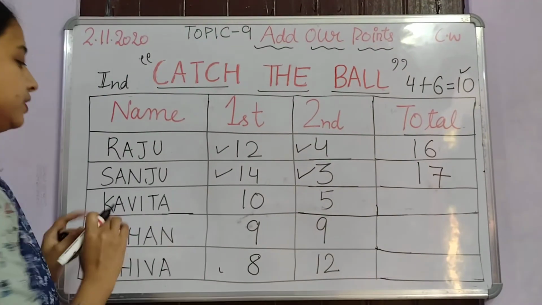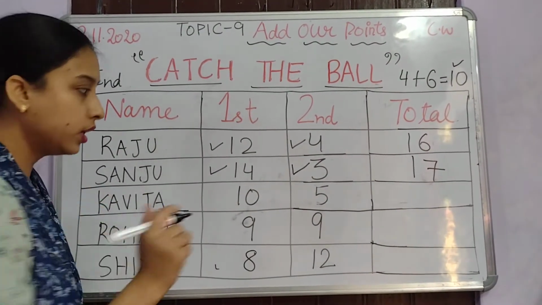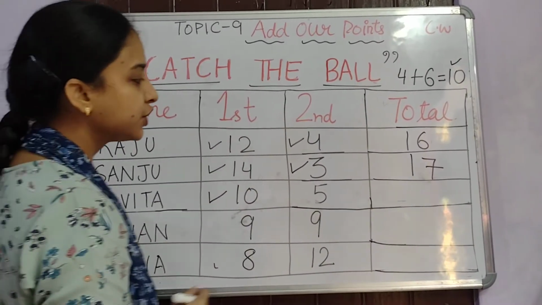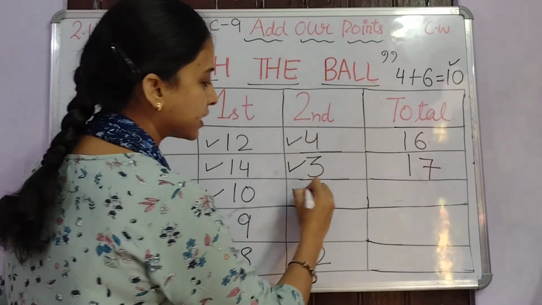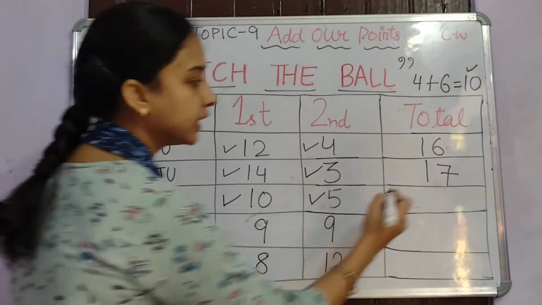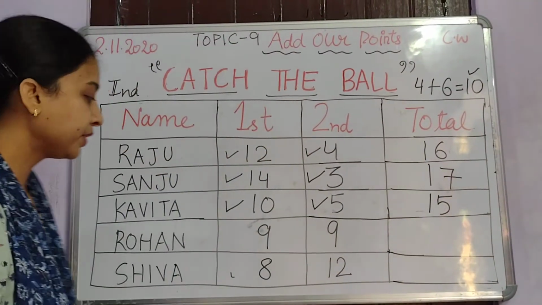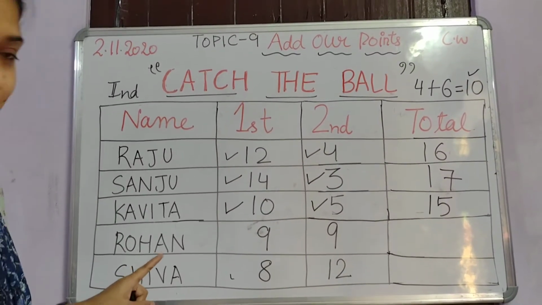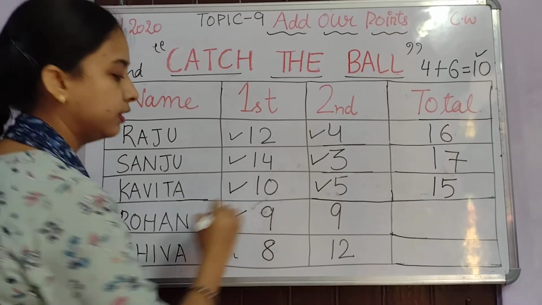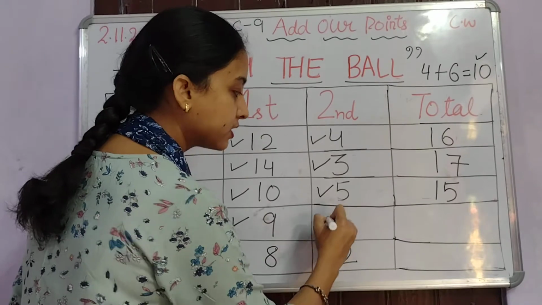Now the turn of Kavita has come. Kavita has scored 10 marks in the first round and she has scored 5 points in the second round. The total number of points she has made is 10 plus 5 is equal to 15. Now the turn of Rohan has come. Rohan has scored 9 points in the first round, and in the second round he has scored the same marks, 9.